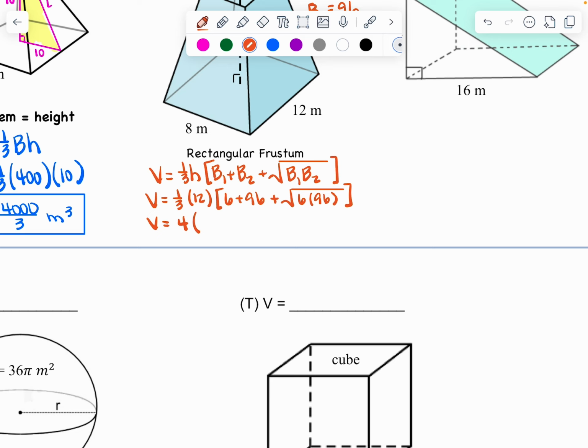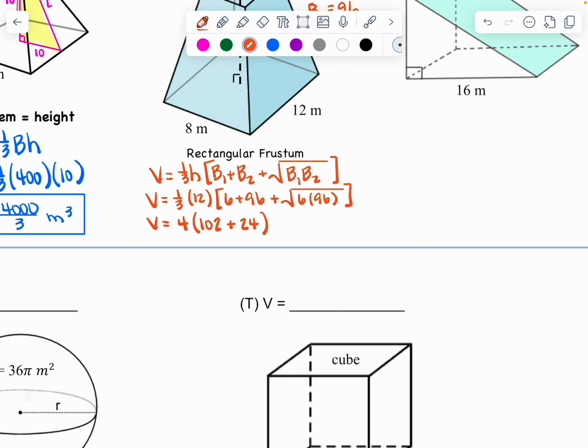Now, luckily for us, 1/3 of 12, finally something that's actually an even third, is 4. And then 6 plus 96, that's going to give me 102. And then in my calculator, 6 times 96 is 576. And luckily for us, that's a perfect square.